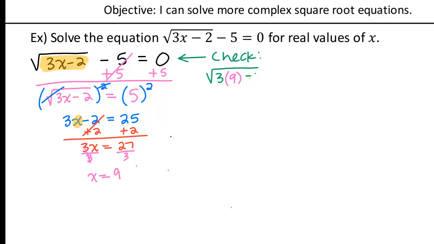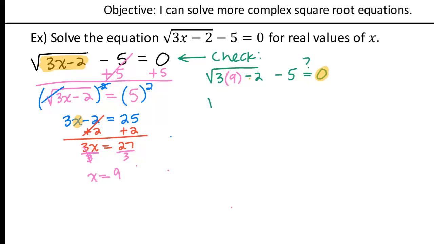Minus 2 with the negative 5 on the outside. And we're checking to see if that equals 0. But remember, you do not do anything to the 0. Leave the 0 alone. Simplify the left as much as possible, and then check to see if it equals 0. Okay?